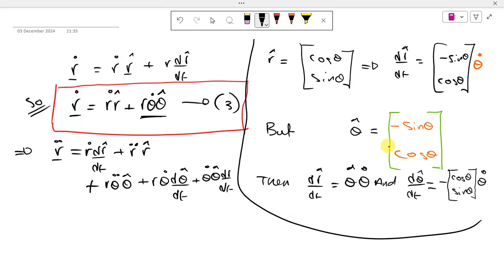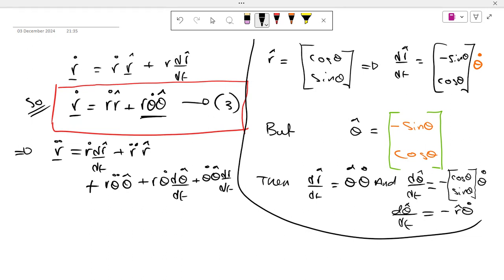And what is this vector here? This vector, cos theta sine theta, is nothing more than r hat, right? So this d theta hat by dt is equal to minus r hat theta dot, right?